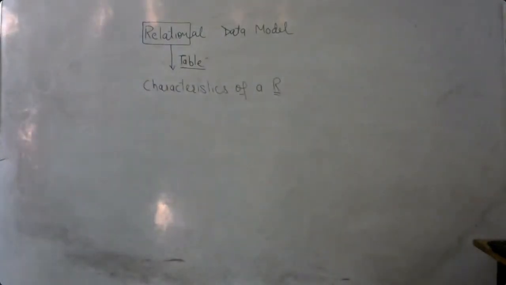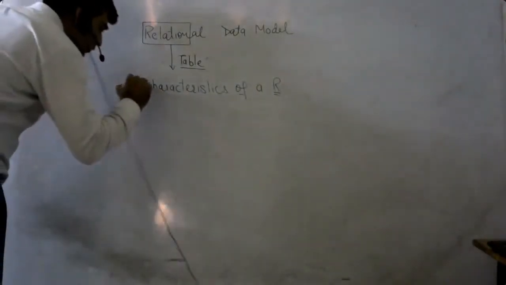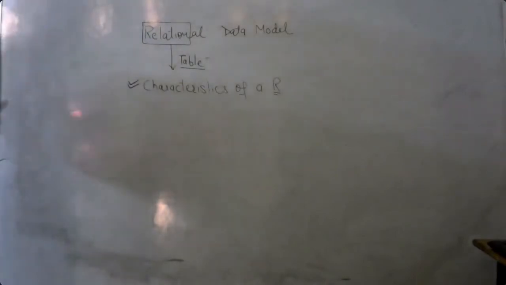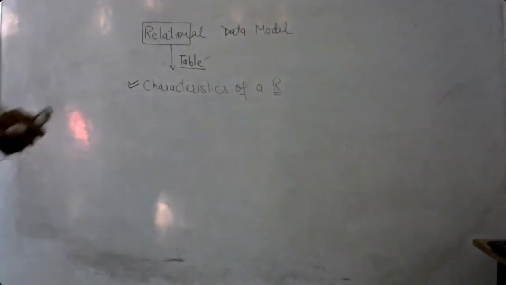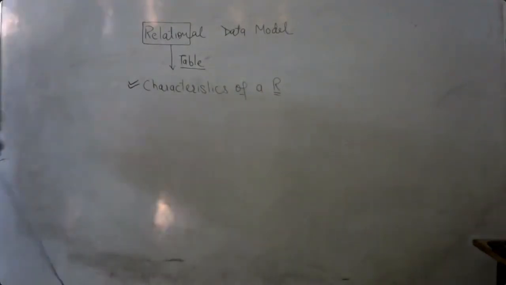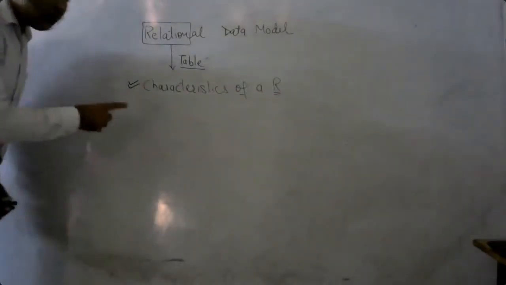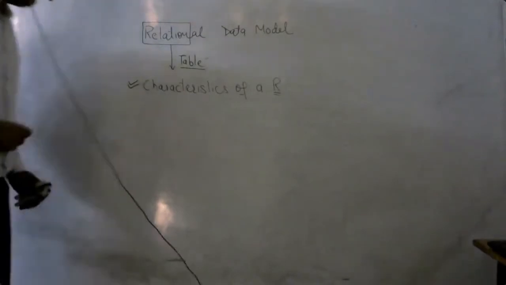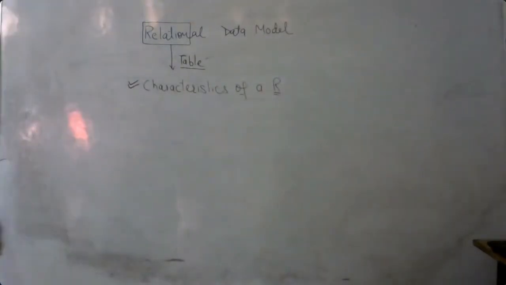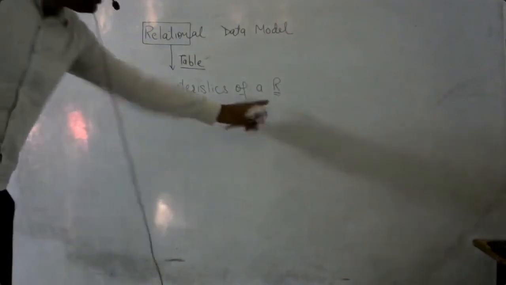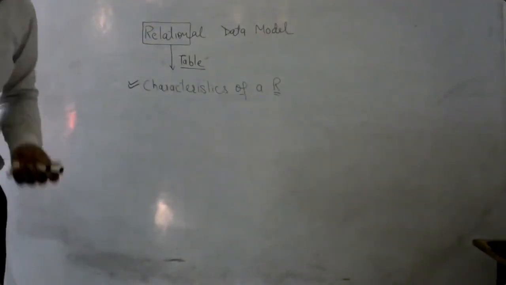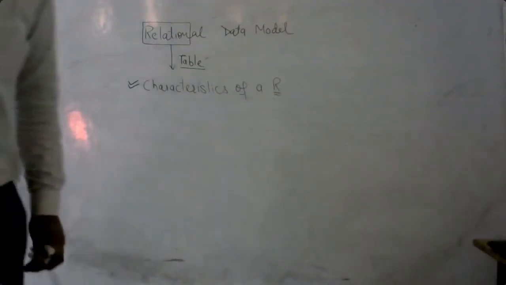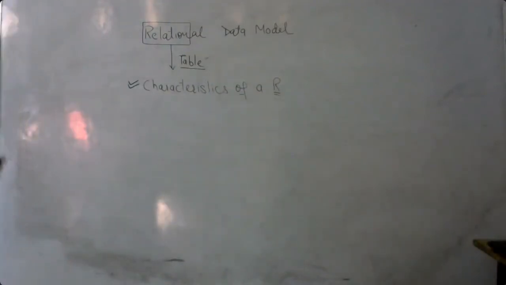So the very first thing we need to cover is what are the different characteristics that a relation has or must have, that is, the characteristics that every relation must maintain.